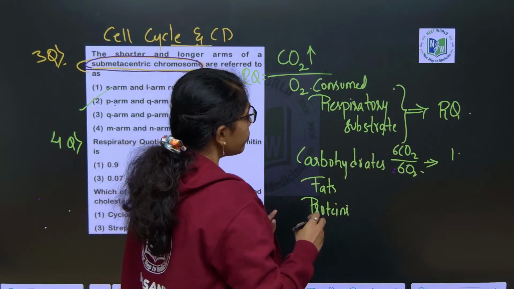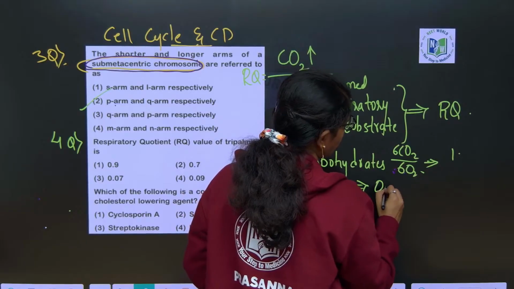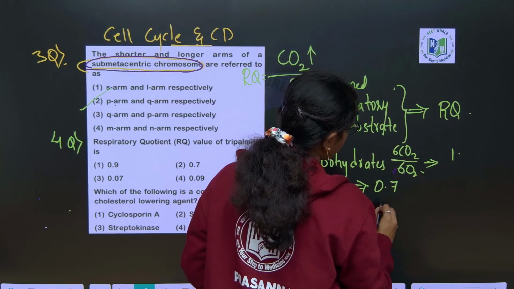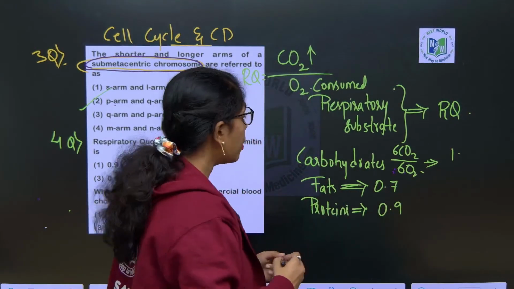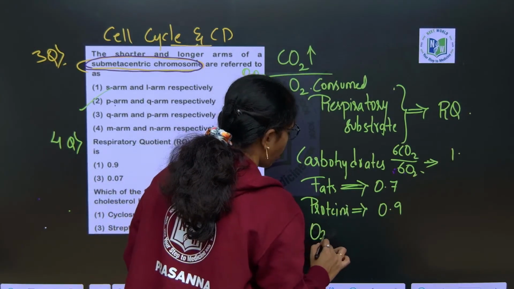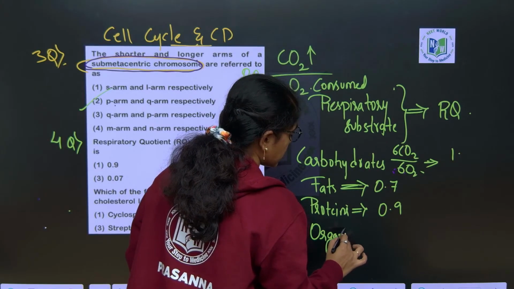So here for fats it will be 0.7, for proteins it will be 0.9.